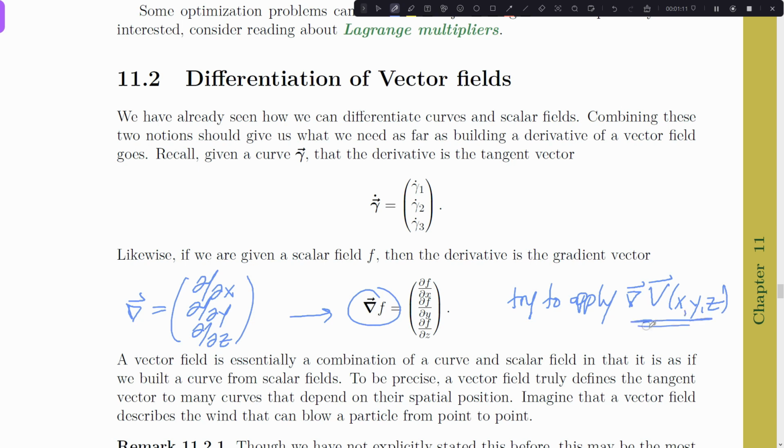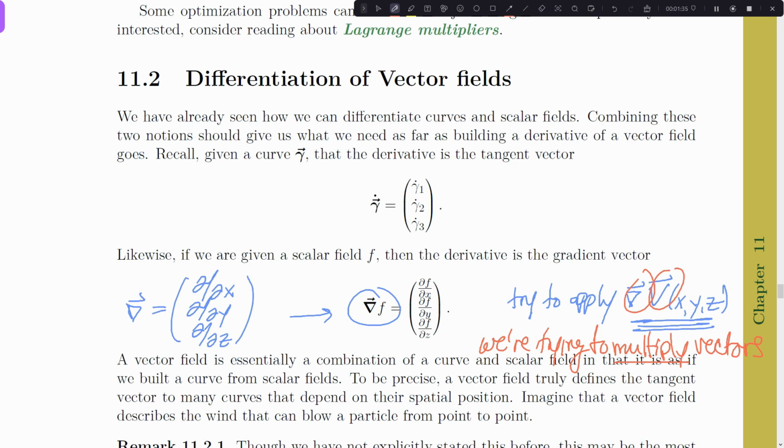Now, this by itself doesn't necessarily make sense because we're trying to multiply vectors, right? The gradient's a vector, the vector field's a vector. What does it mean to multiply those?